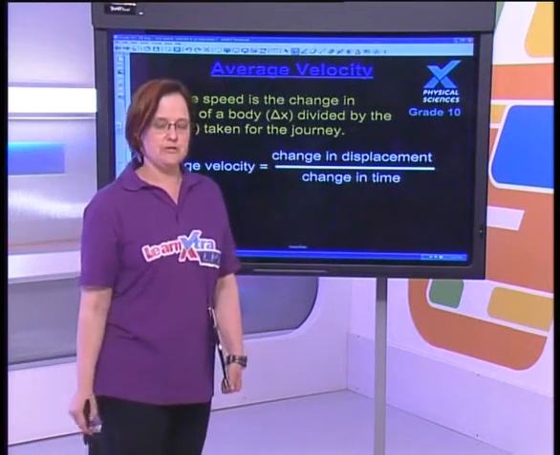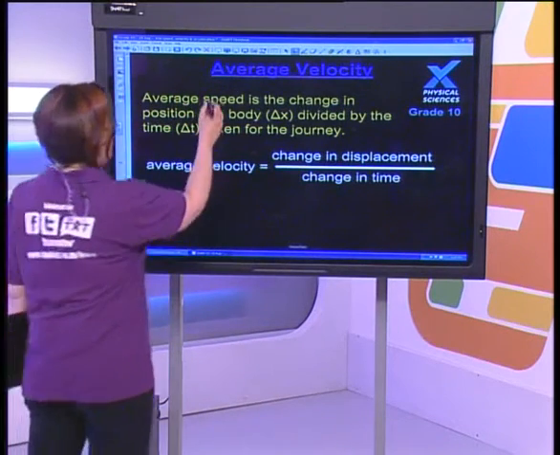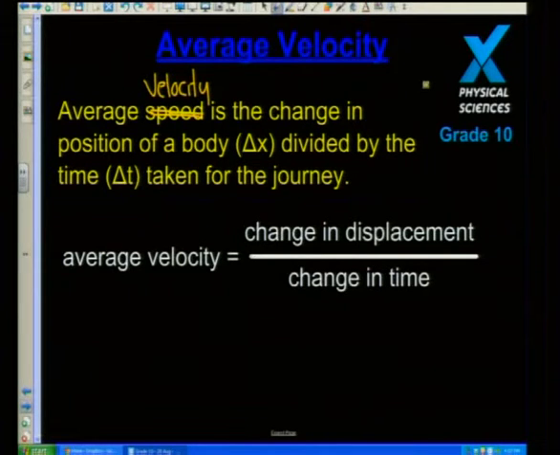How is that different from velocity? Well, this should say average velocity. It's a good thing I checked this. Sorry. Average velocity is the change in position of a body, delta x, divided by the time, delta t, taken for the journey. Very, very important here, grade 10s.